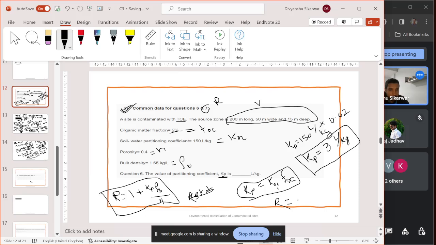R equals 1 plus Kp value, 3 liters per kg, into bulk density, which is 1.65 kg per liter, divided by porosity, which is 0.4.